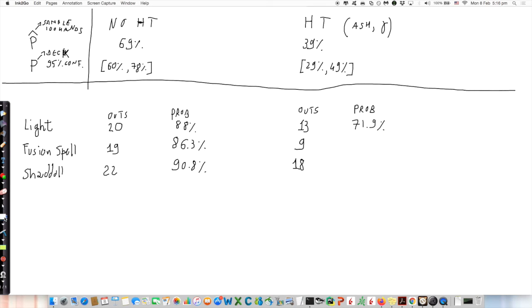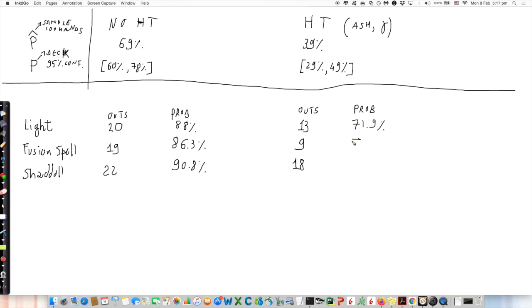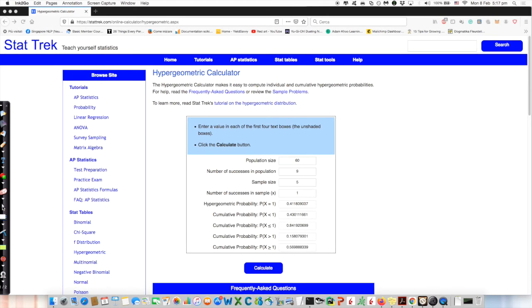Then we have 9. So we can write it here. And finally 18 is equal to 84.4. Okay, that's good.